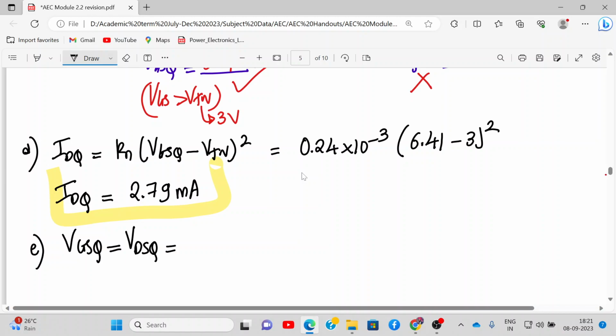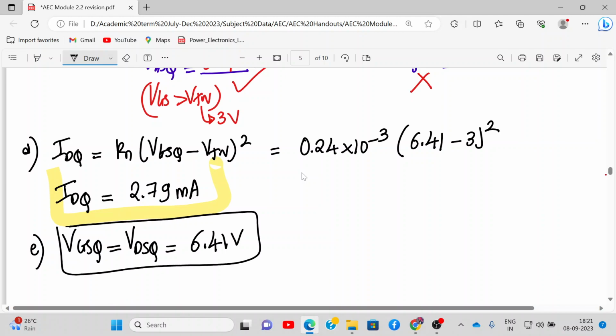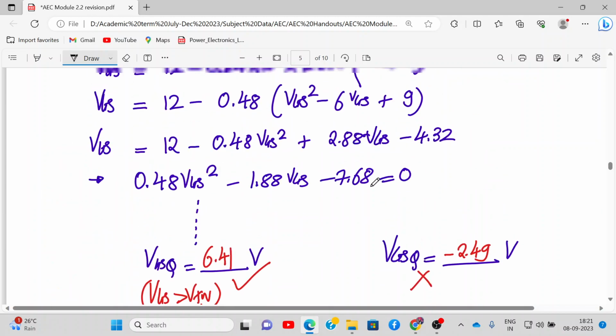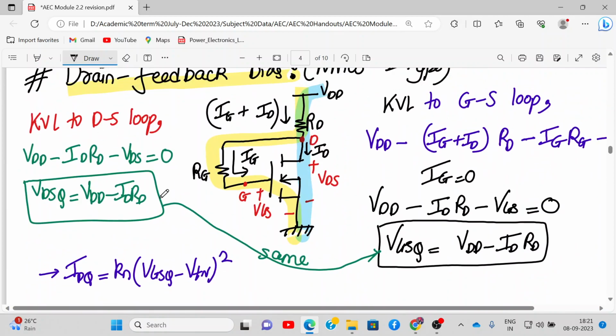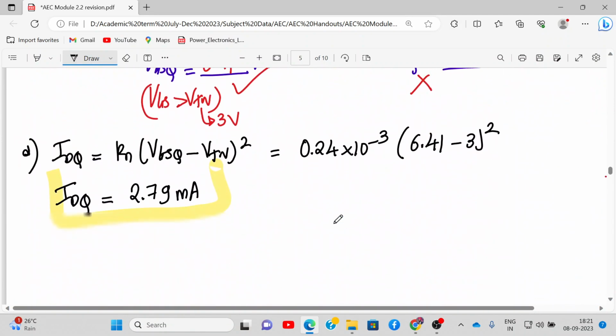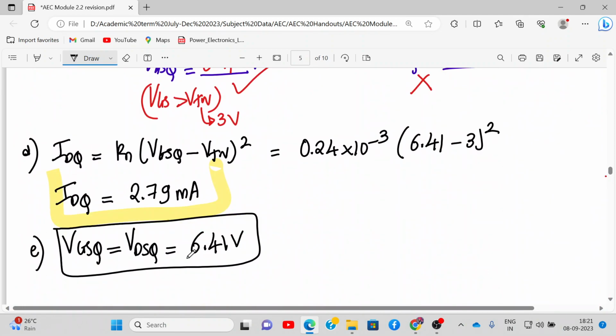And we got the value as 6.41. So last step is this only. Because we have seen in the derivation that VDSQ and VGSQ expressions are same, so we can equate them. So VDSQ is 6.41. That's it. That's the numerical.